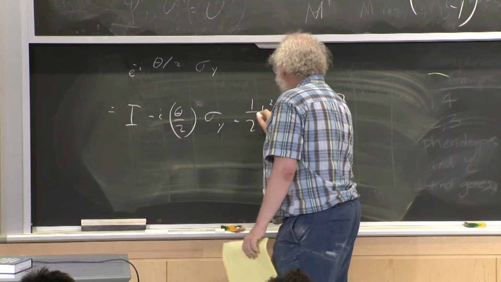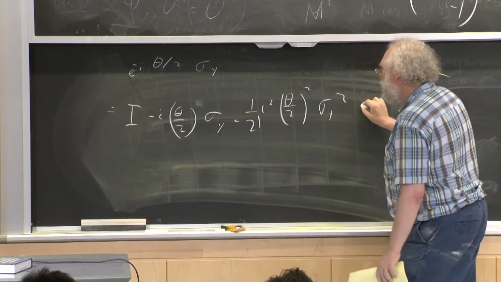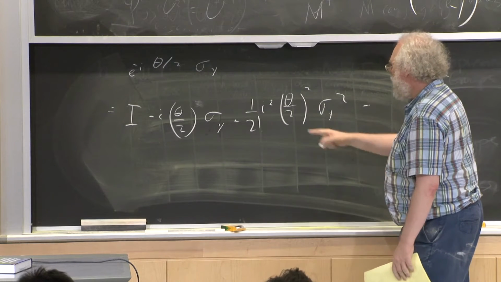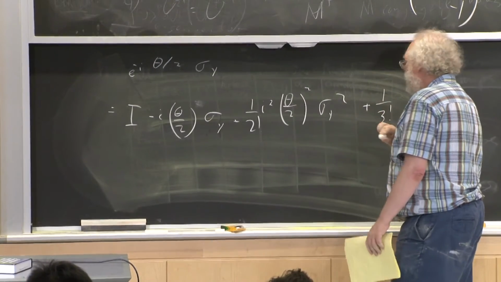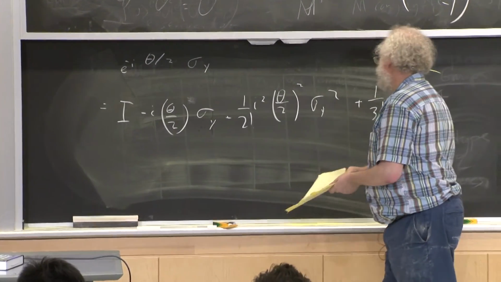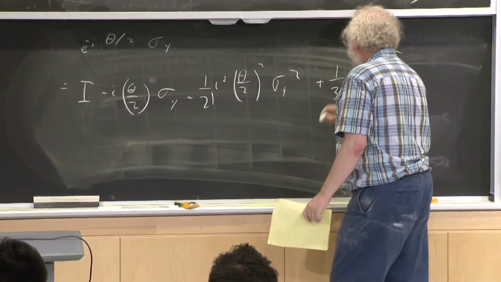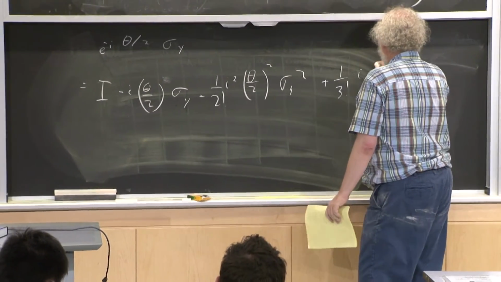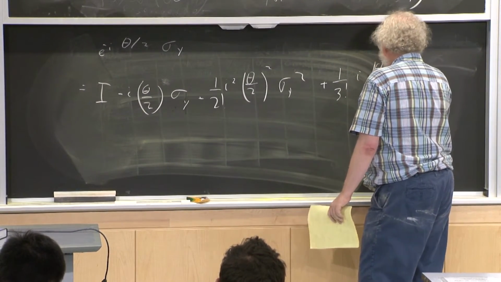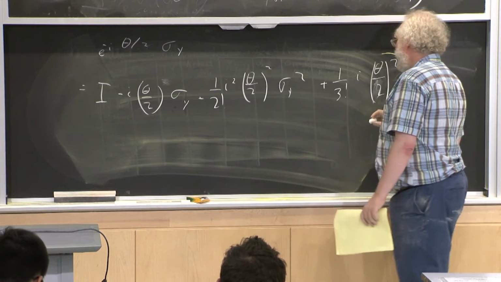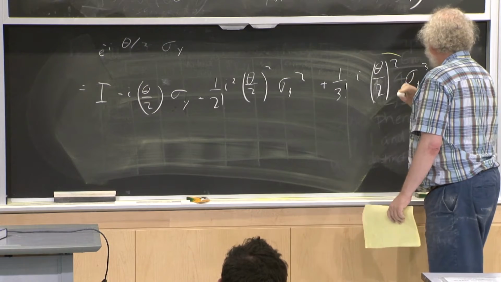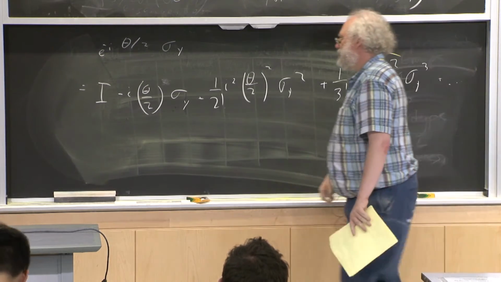And I think we need a 1 over 2 factorial, plus 1 over 3 factorial times i cubed theta over 2 cubed sigma y cubed plus dot dot dot.